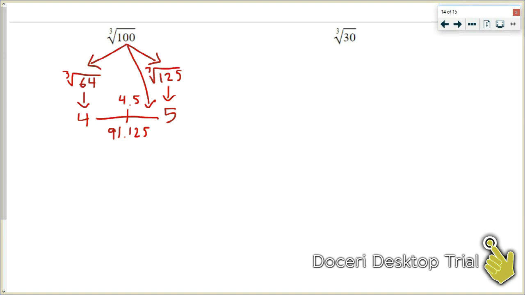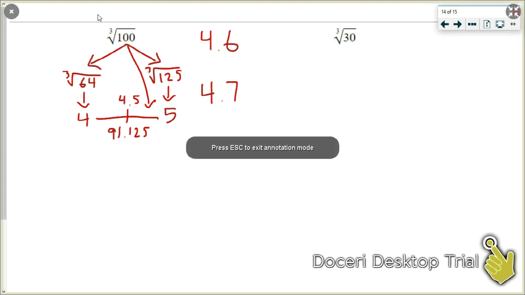And then we're going to decide which is a better answer, which is the best answer for estimating the cube root of 100. So I'm going to give you some time to do that now. Ready, go.